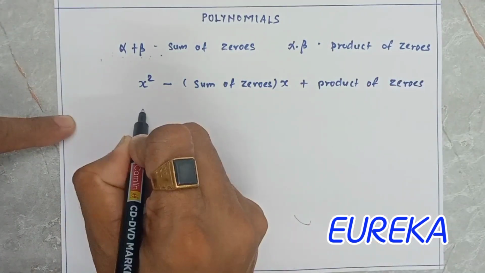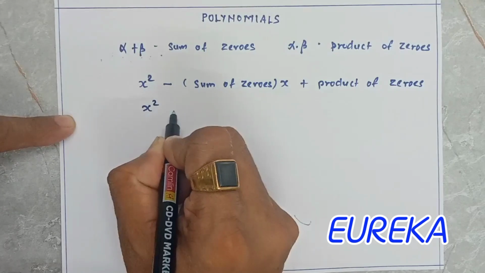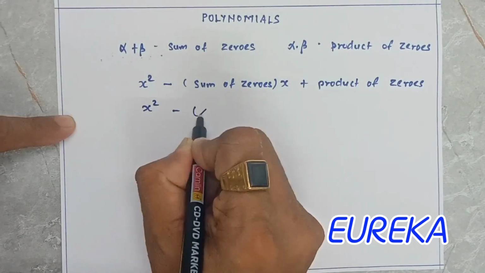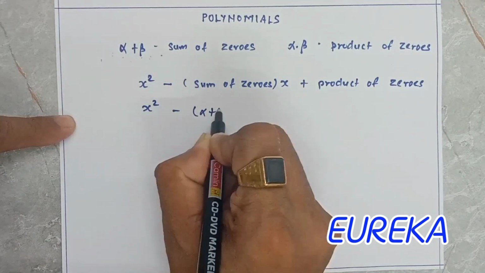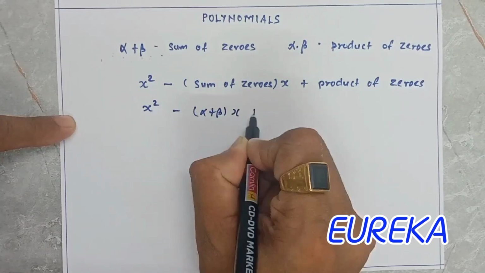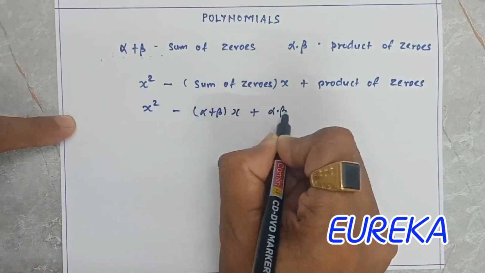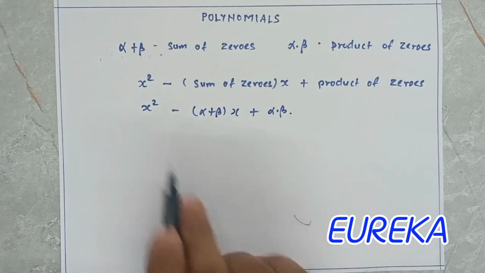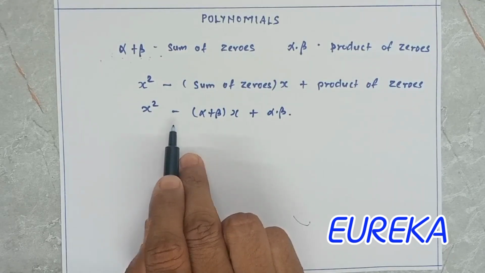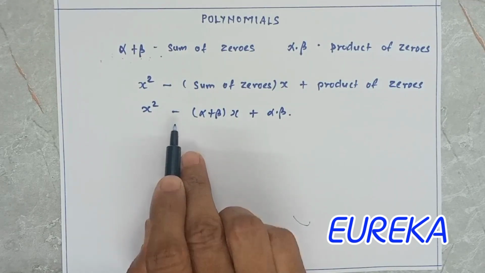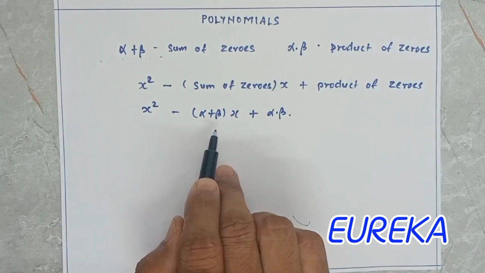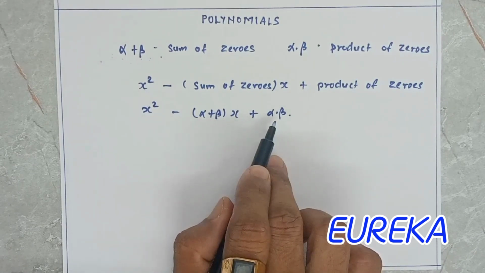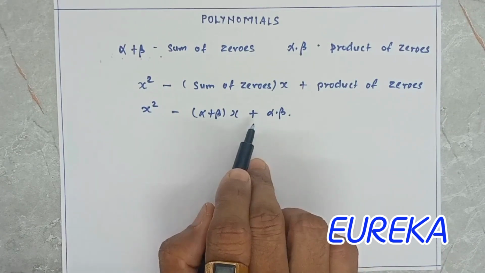So in general the polynomial is written as x square minus (alpha plus beta) into x plus alpha into beta. This is a very important relationship that we need to know. What is important here? This minus sign. The minus sign is there before the middle term, and before the final term, the last term, it is a plus sign.